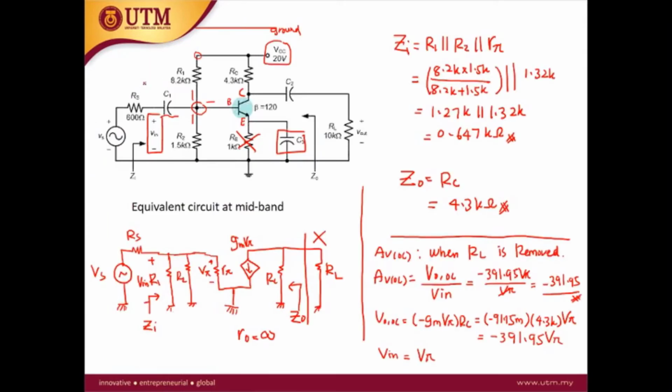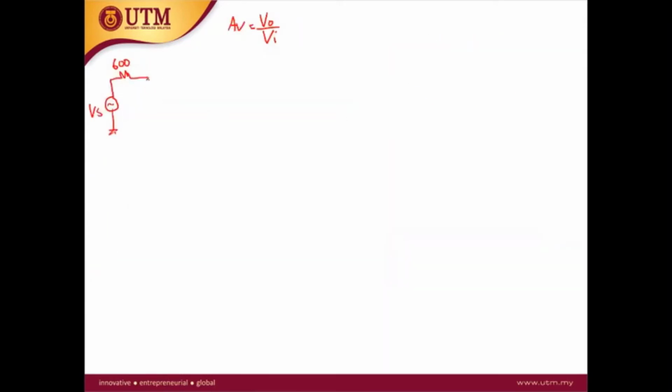Or maybe I just redraw it. Here we have Vs, and then the RS, which is 600, if I'm not mistaken. Then we have R1, R2, and R pi, and this is V pi.